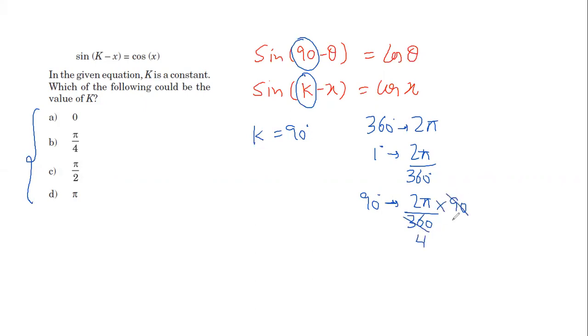So 90 goes 4 times, 2 pi by 4, that will be pi by 2. So I converted the degree measure into radians and I'll mark option C as my answer, that's pi by 2. Again, guys, this is important. You might get a question on this conversion, that sine theta is equal to cos 90 minus theta, and cos theta is equal to sine 90 minus theta.